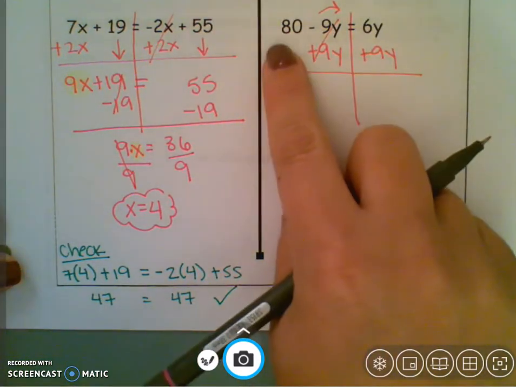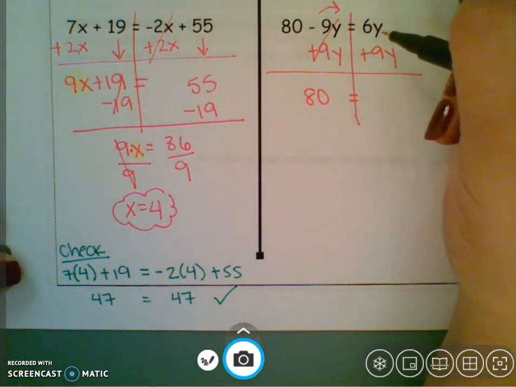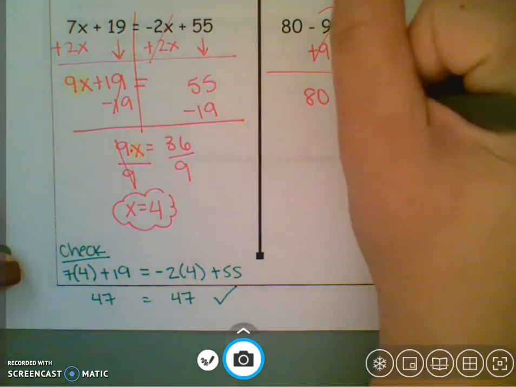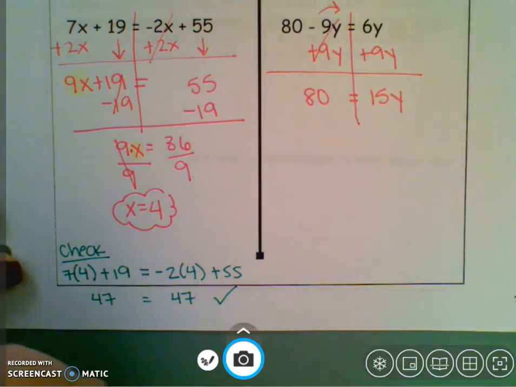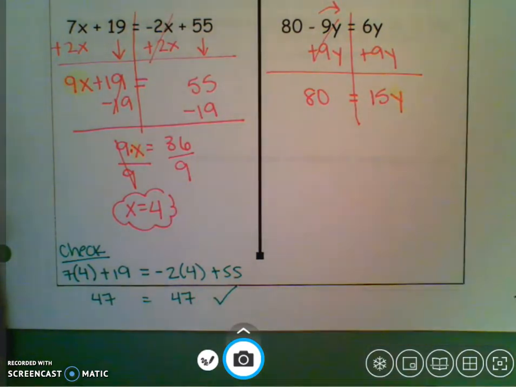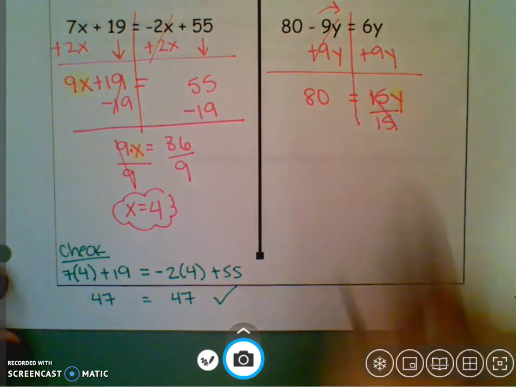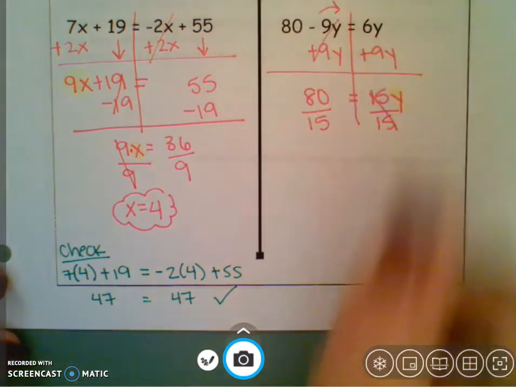So that's going to leave us with our 80 equals 6y plus 9y gives you 15y. Well, our last step, because again, we are looking for this y right here, I have to divide by 15, divide by 15.